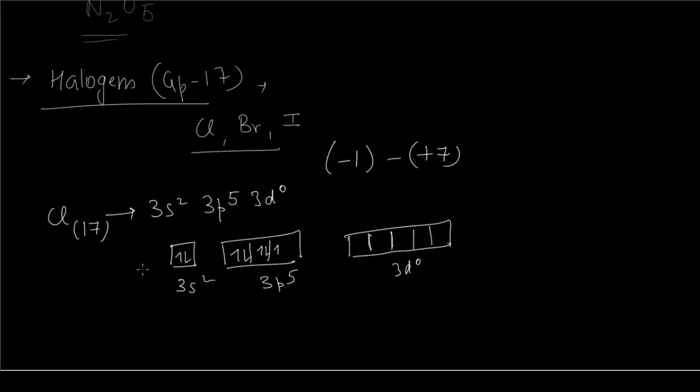So when you excite this state, you can see how many unpaired electrons are there? 1. So unpaired electrons in the ground state is 1. But when you excite these electrons, some electrons will get unpaired and move to the vacant d orbital.